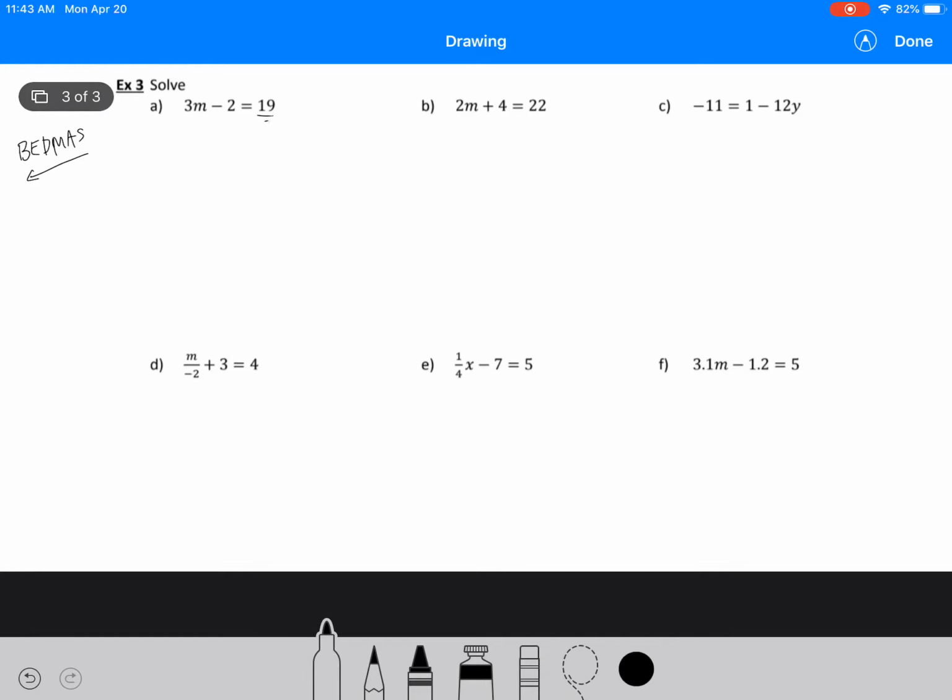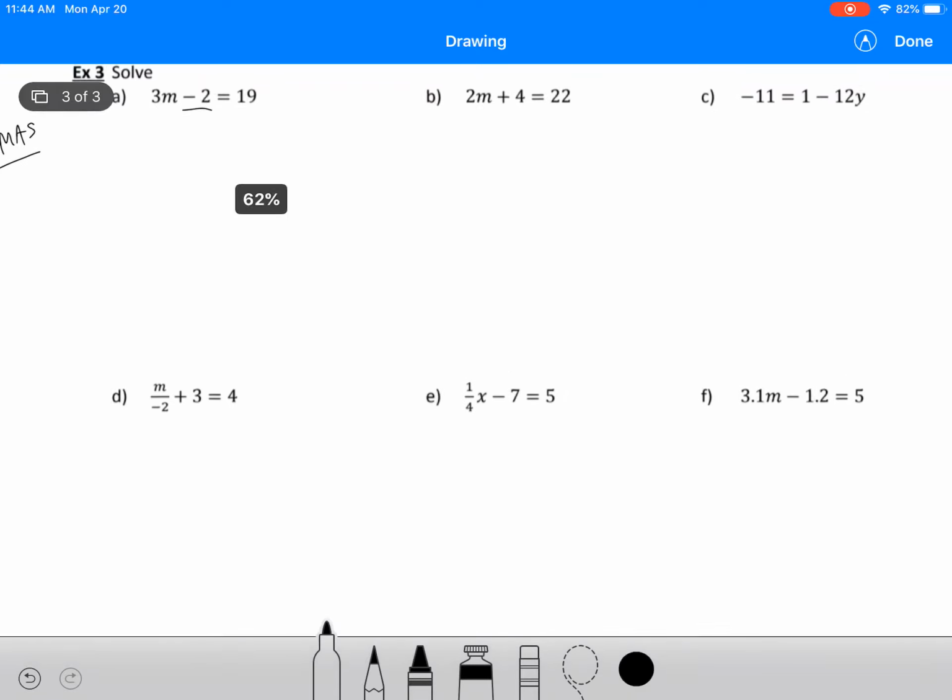So I'll have 19 divided by 3 and 2 divided by 3, which is decimal numbers. You'll still get the answer at the end, but it's not a nice way of getting it. So we're going to always move the addition and subtraction first, then the multiplication and division. And if we have brackets, which you're going to see on Wednesday, that would be the next step after that.